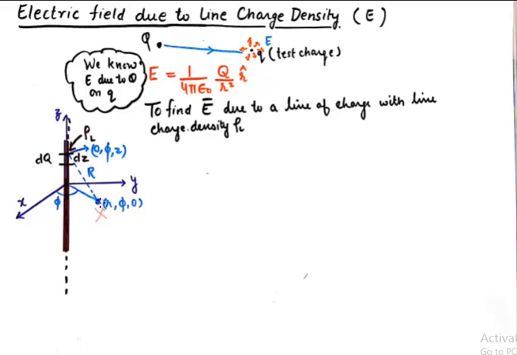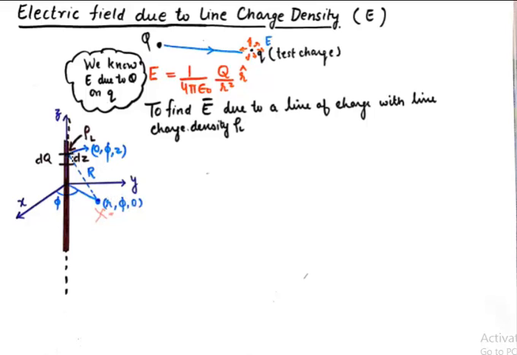So the distance of this point from the origin is r, which is specified as radius, so it makes an angle of phi from x-axis, and because it is placed on xy plane, the height is 0, so z is 0.